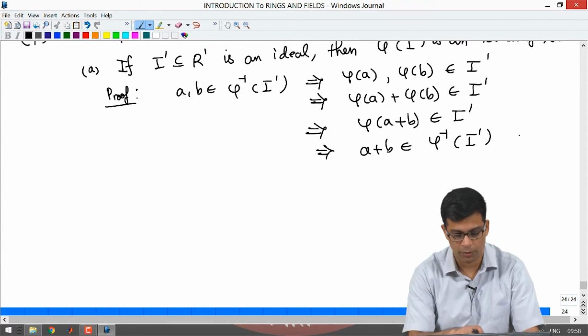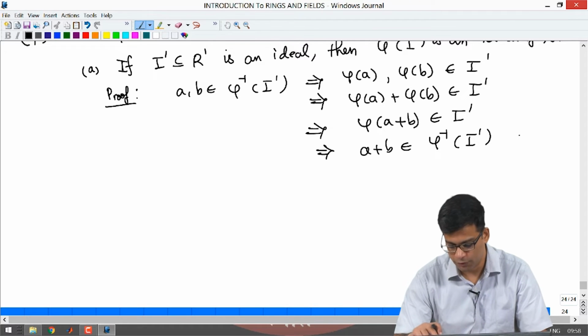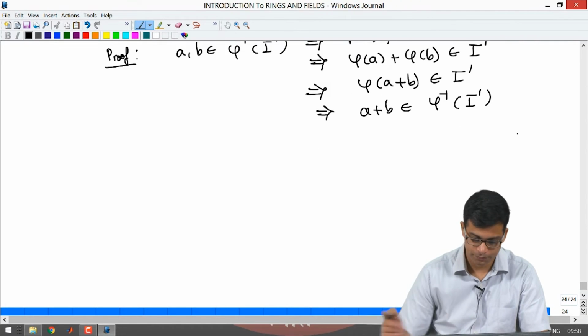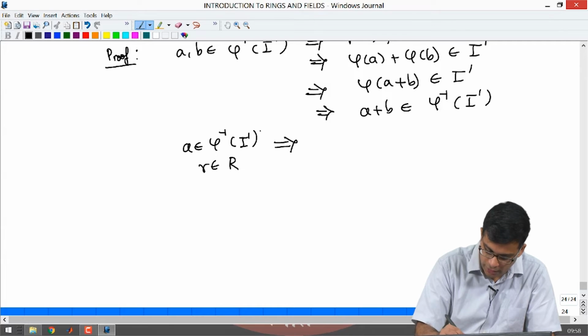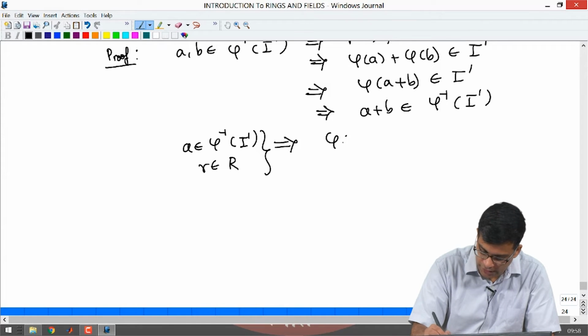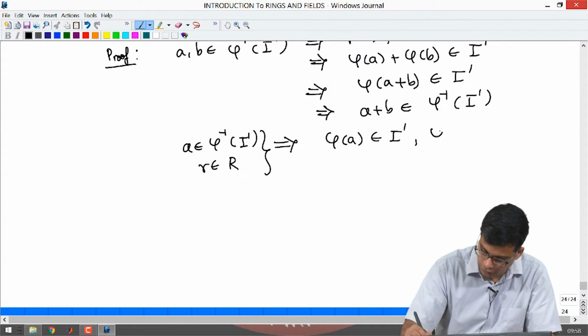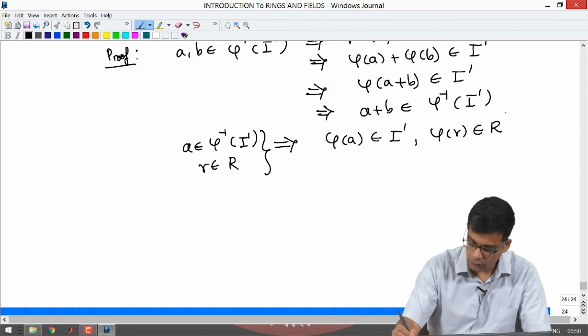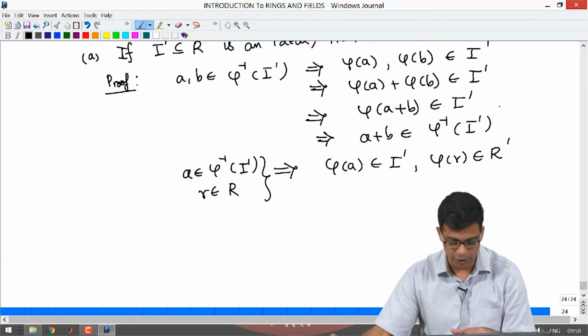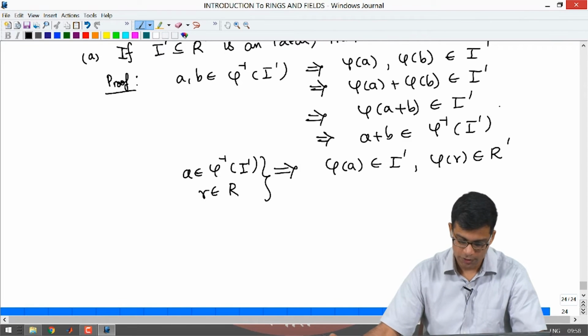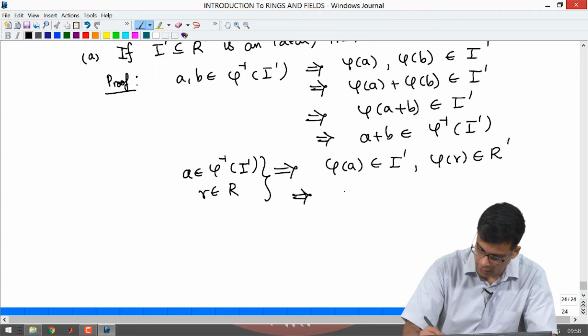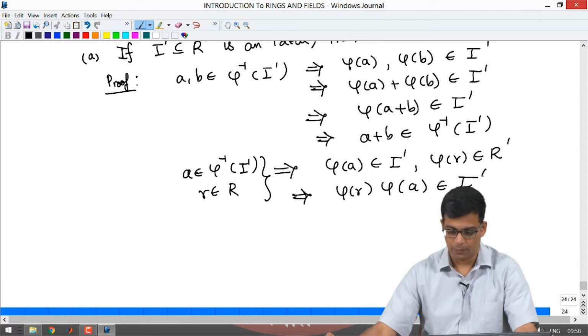So, we started with two arbitrary elements of phi inverse I prime, and we have shown that their sum is in phi inverse I prime. Now, let us take A in phi inverse I prime and R in capital R. Then phi A is in I prime, and phi R is in R prime, since R is an arbitrary element of capital R. Because I prime is an ideal, their product is in I prime.